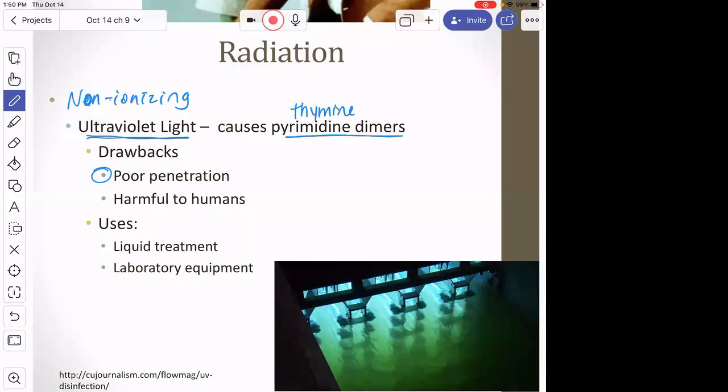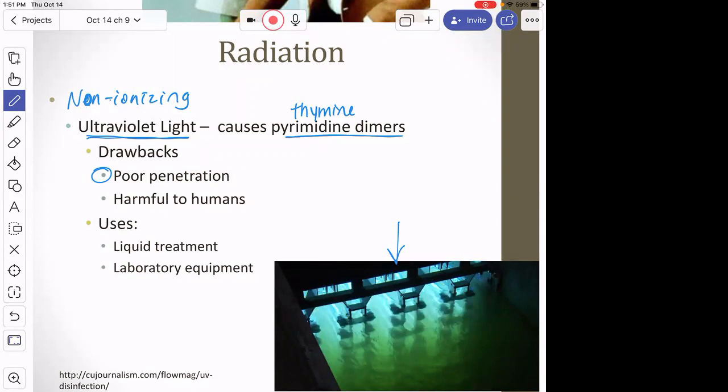One great application of this is using UV lamps in water treatment facilities. The UV does a better job of killing some things, especially cryptosporidium cysts. Cryptosporidium is a protozoa that causes diarrheal disease.